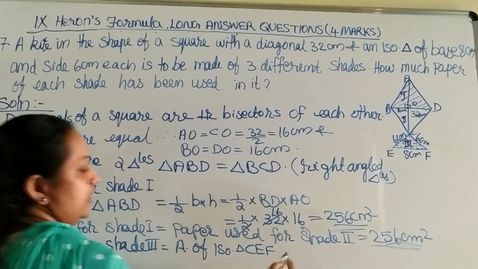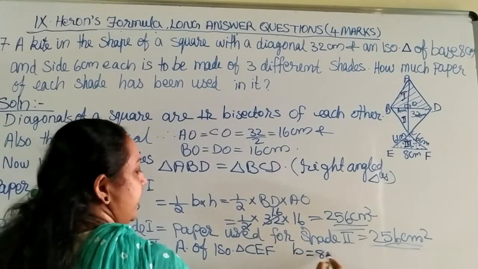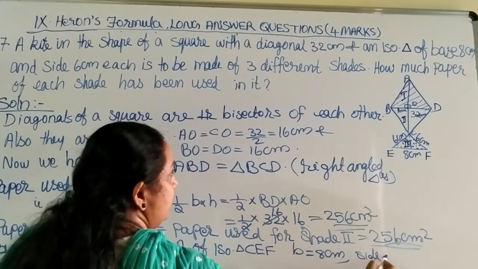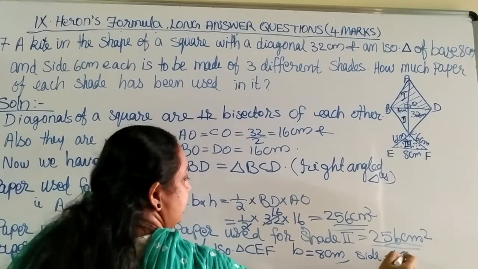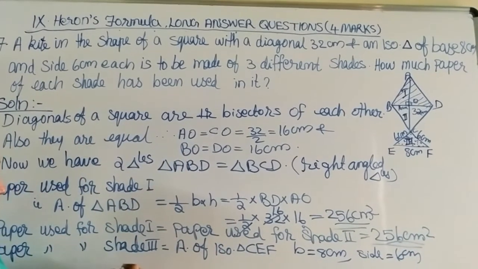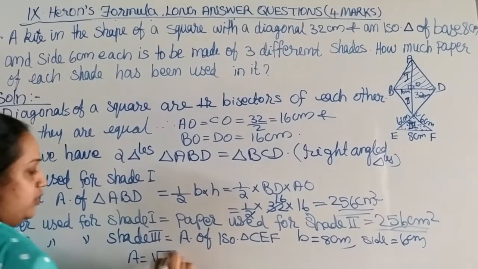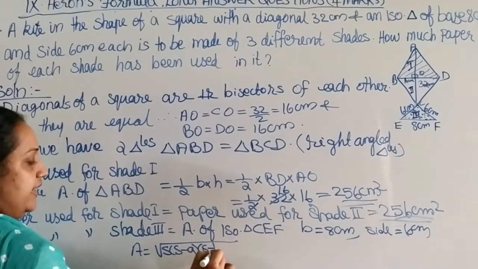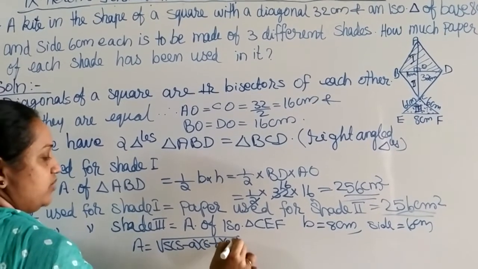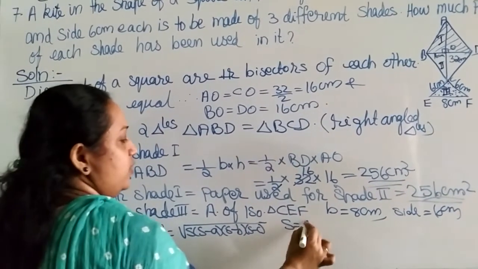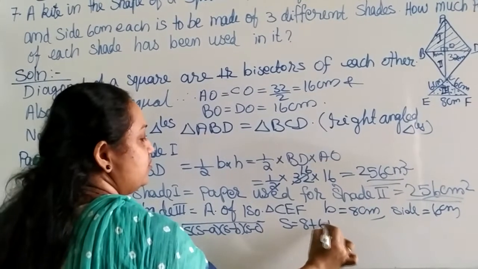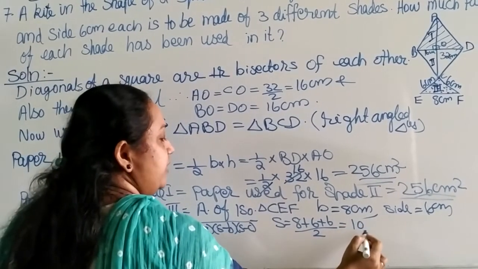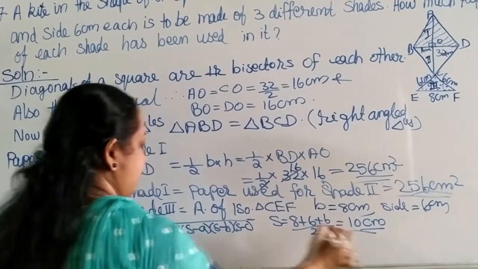We have base equal to 8 centimeters and the equal sides equal to 6 centimeters. Area equal to square root of S into S minus A into S minus B into S minus C, where S equal to 8 plus 6 plus 6 upon 2 equal to 20 by 2, that is 10 centimeters.